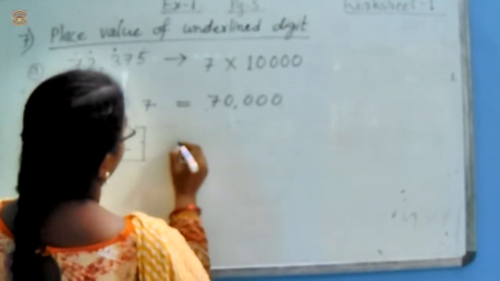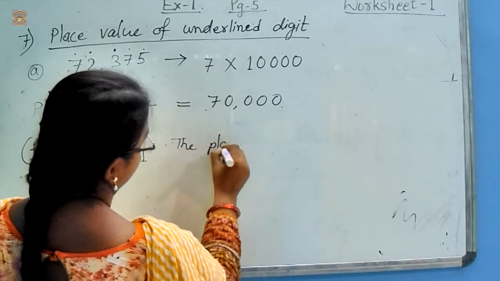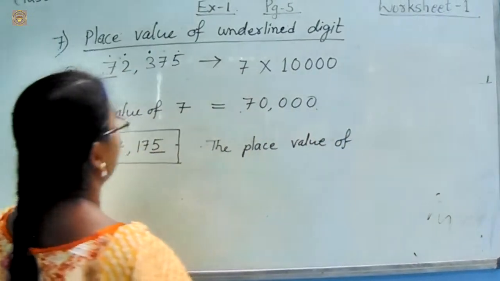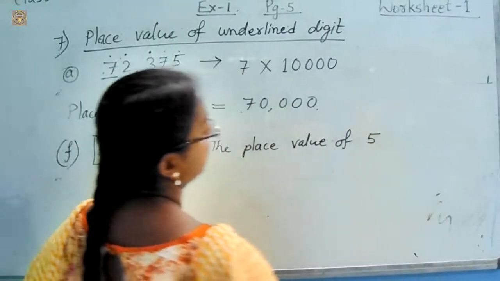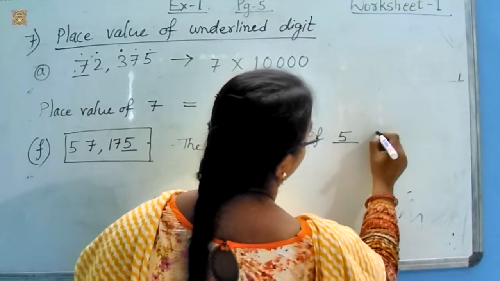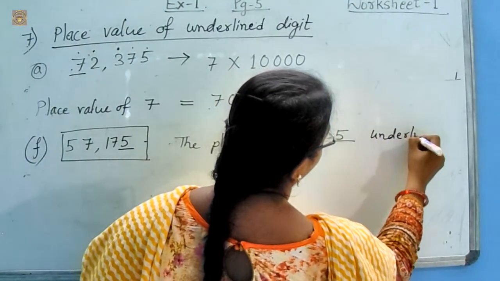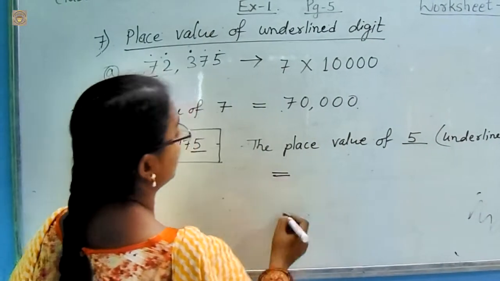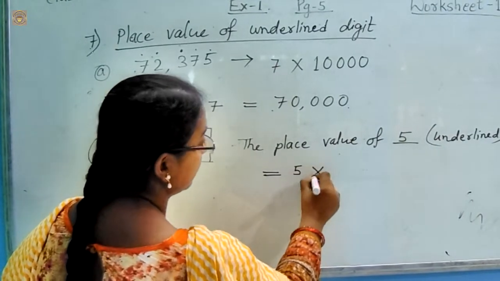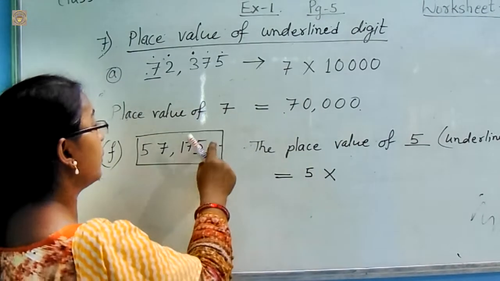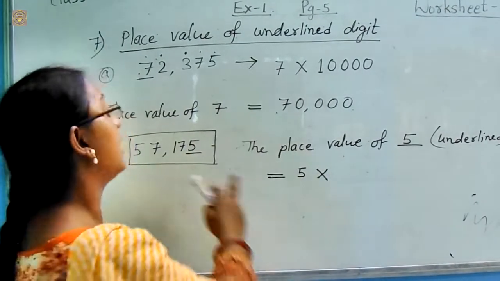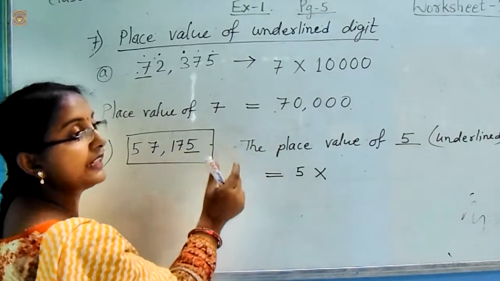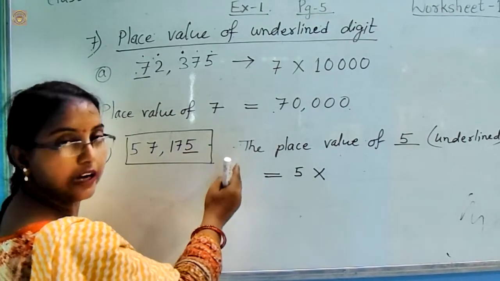Then we will write the place value of the underlined 5 equal to 5, and there is no bracket place after this 5. That means there is no other digit after 5.